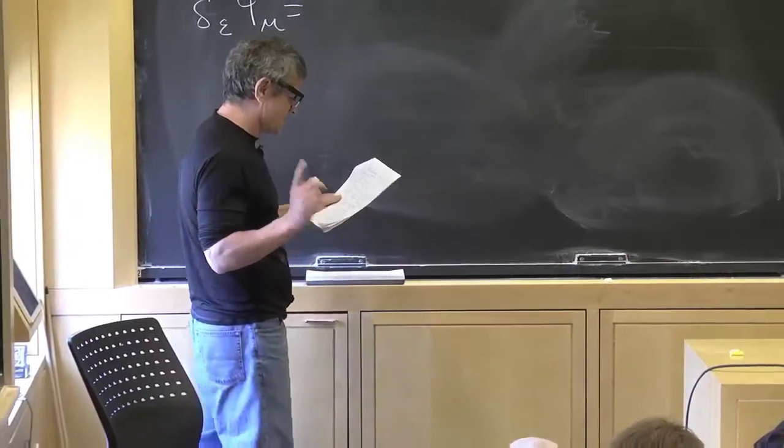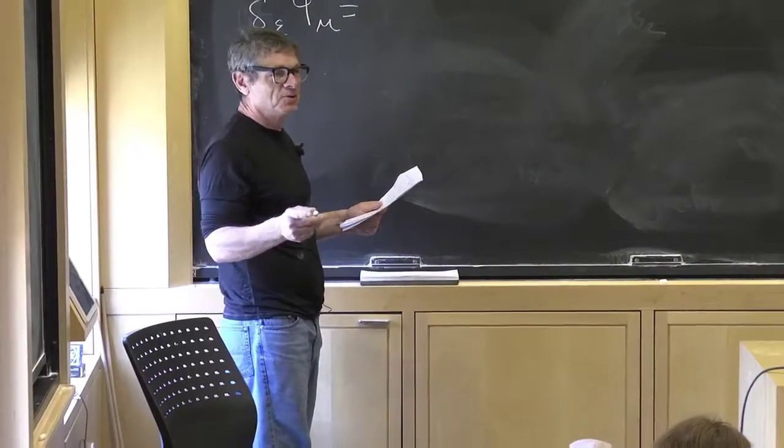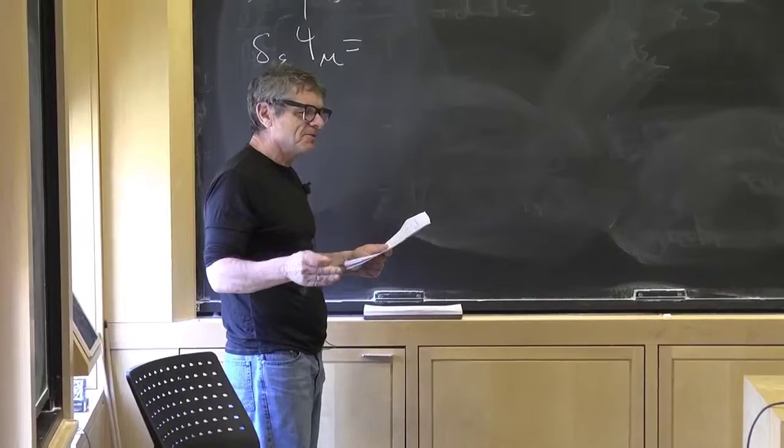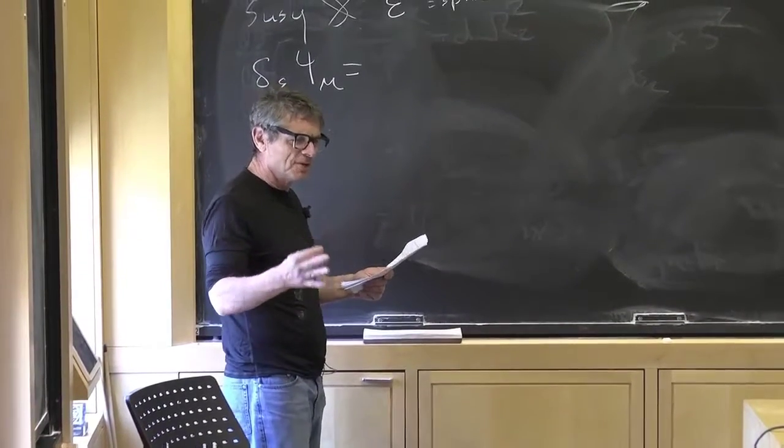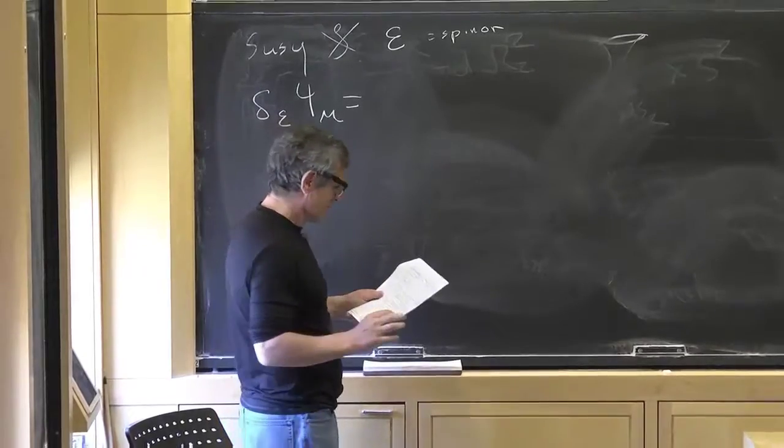Instead I'm going to write plus dot dot dots. Plus dot dot dots means terms that would take a week or 2 of lectures to explain, but wouldn't affect the final argument.